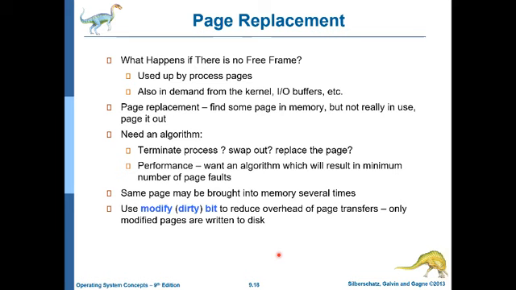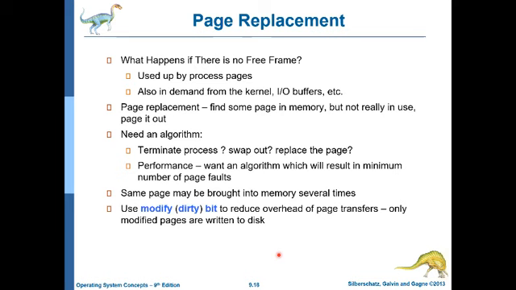Because we need to bring in a page, we must find some frame for that. One solution is that if there is no free frame, we find a page that we can replace and use that frame for bringing in the new page instead.